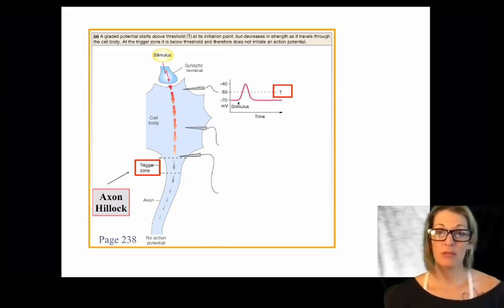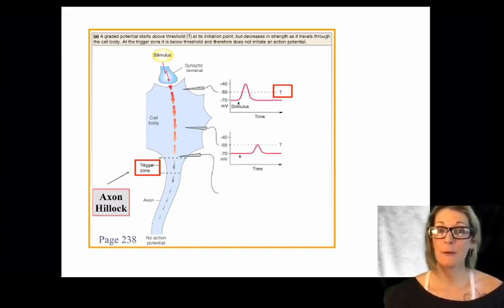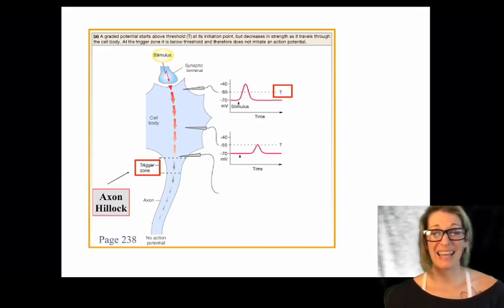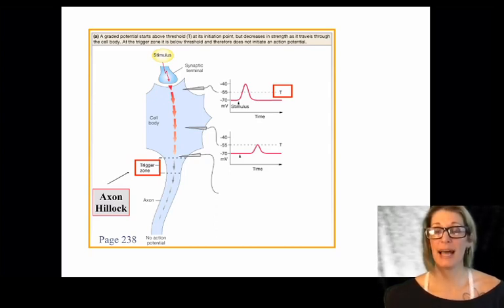So at the point of the stimulus, yes, we have passed a threshold, but remember, this is a graded potential. It's going to lose its intensity. Now we're looking at the center of the cell body, and there we're only right at negative 55. So the change in membrane potential is just at negative 55 millivolts because it's graded.